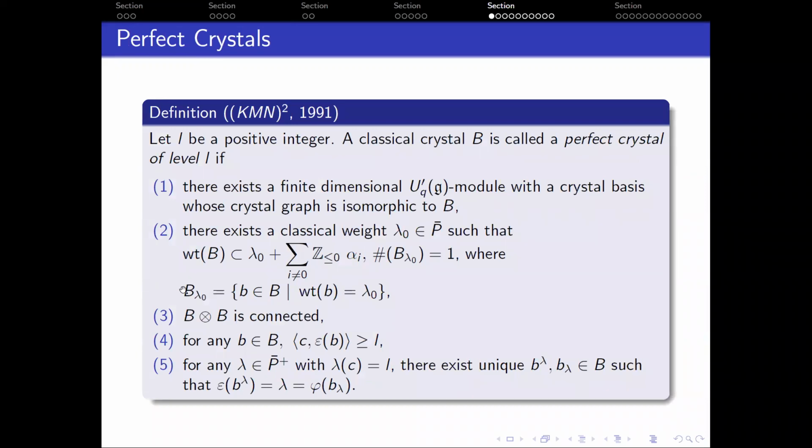Actually, this crystal base was defined by Kashiwara and Lusztig from different points of view, around 1990. The precise date is different.